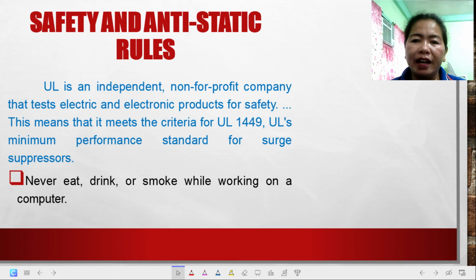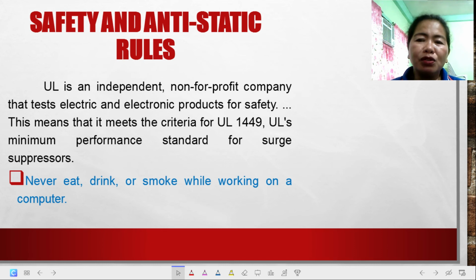Then the last one is never eat, drink, or smoke while working on a computer. In common cases, since computer laboratories are air-conditioned rooms because of the safety or the temperature that is required for a computer unit, usually it is an air-conditioned room.